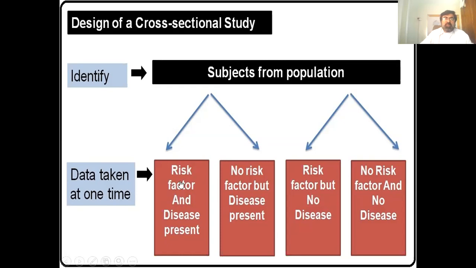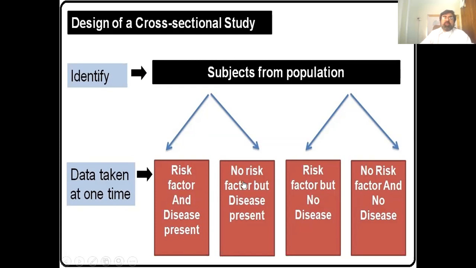For example, a person with diarrhea who is using tap water. So both the disease and the risk factor may be present in an individual. If you have a sample size of 200, you may have 30 or 40 people who have a risk factor and at the same time have the disease as well.